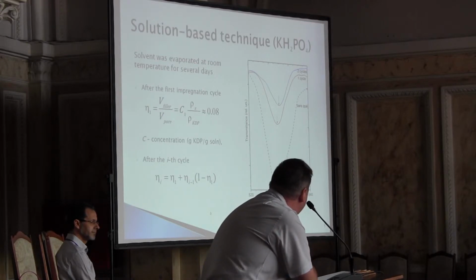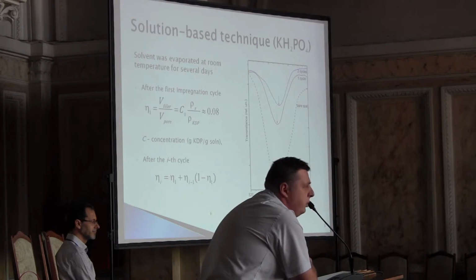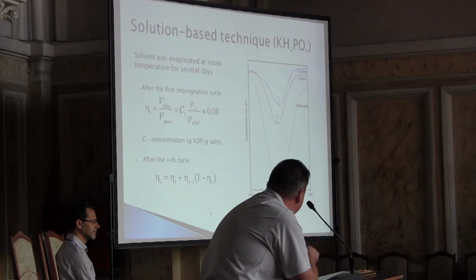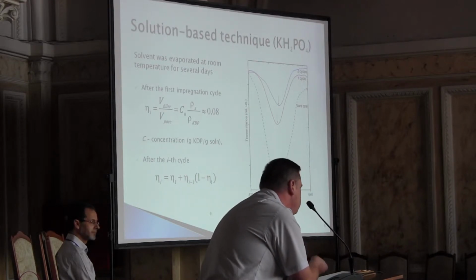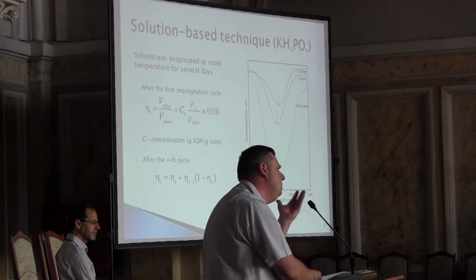In the first impregnation cycle, we have a filling degree of less than 10%, where C is the concentration or solubility of KDP. And after the next cycle, the filling degree increases.